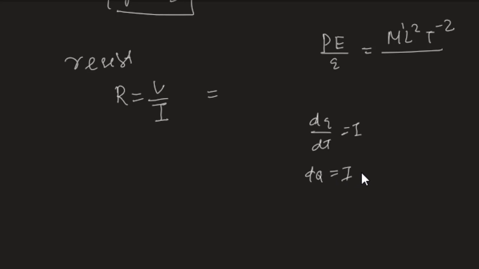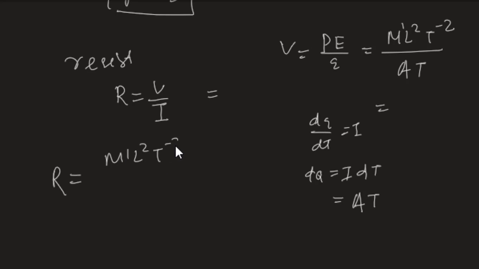So here the dimension will be ampere into time. So I got V is equal to m1 L2 t minus 2 by at. So I can write R equal to, in place of V I will write m1 L2 t minus 2 divided by at, whole divided by again I, which is A.